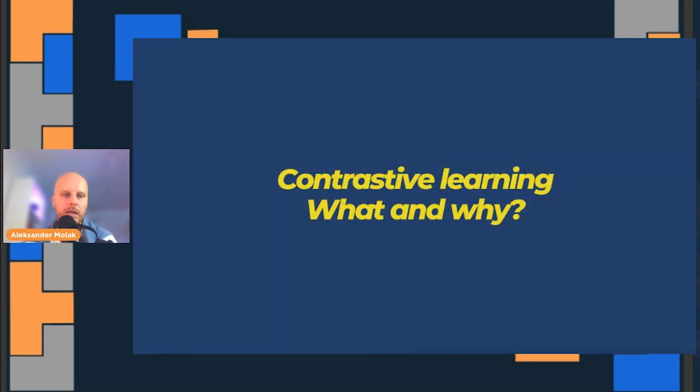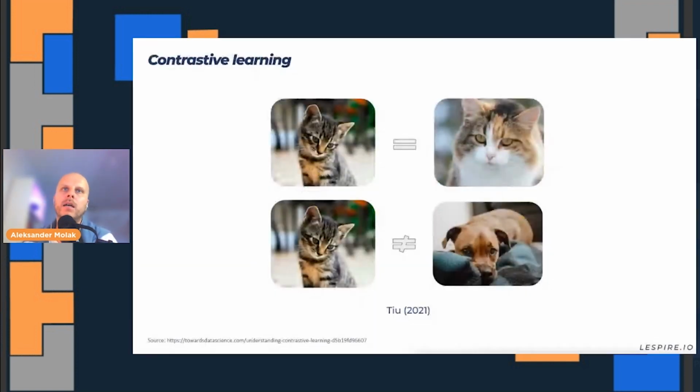Okay, so let's talk about contrastive learning now. What is contrastive learning? Contrastive learning is a type of training for neural networks, or machine learning models in a broader sense, where we use similar examples and dissimilar examples in order to make representations of similar objects closer to each other and make representations of dissimilar objects further away from each other.